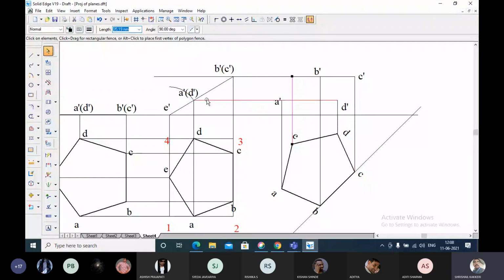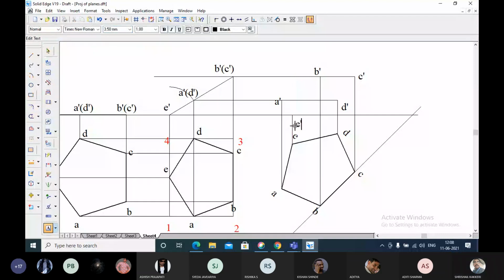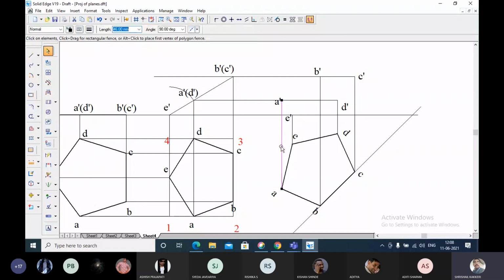So I'm going to remove this, and this is point E. Okay, and resting on one of its corners, line visible from A to B to C to D to E and A. And this is how it is looking for you.